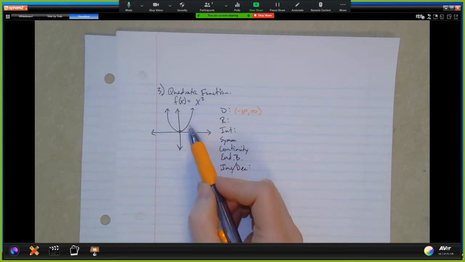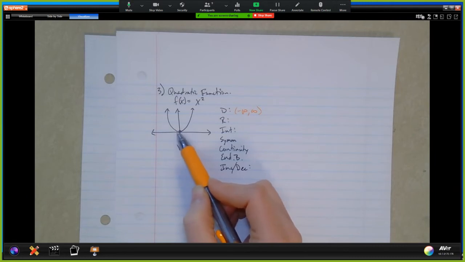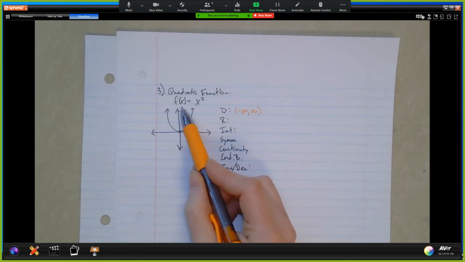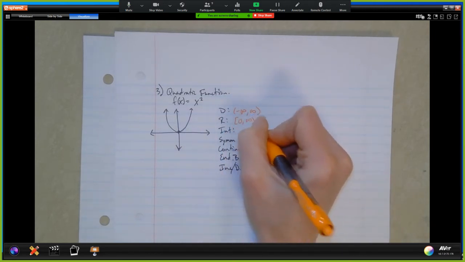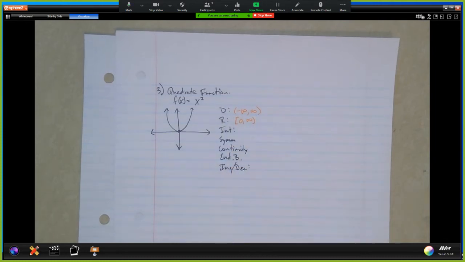But if we're looking at this graph, its lowest y value is 0, right? And then it goes up to infinity. So our range now is 0 to infinity. So domain is pretty similar in a lot of the cases. Range is where we're going to see the most change.